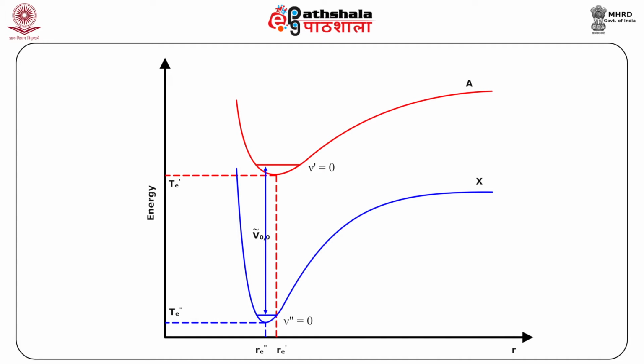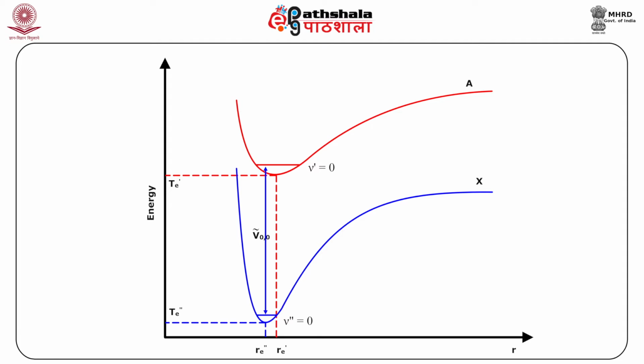Both electronic states are represented as Morse potential energy curves. In the more general case, the excited electronic state has weaker bonding, and so its equilibrium internuclear distance Re prime, again this stands for the excited state, is greater than Re double prime for the ground state. Now, why is it so?